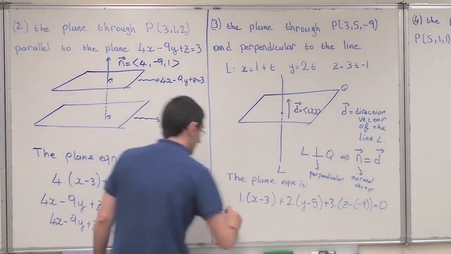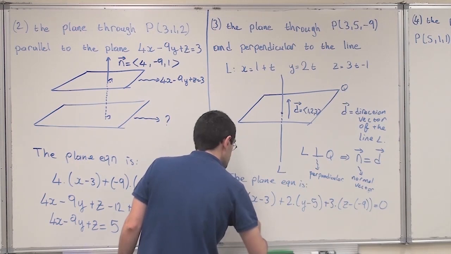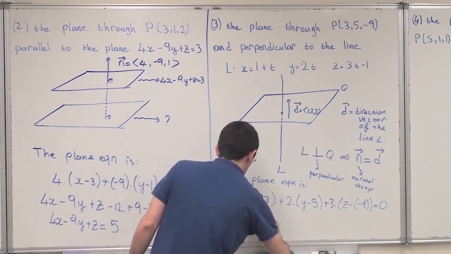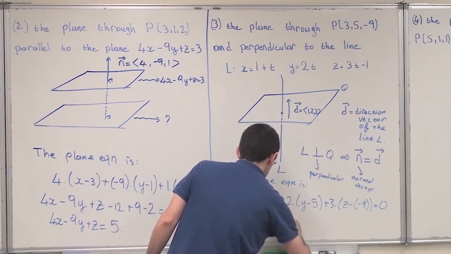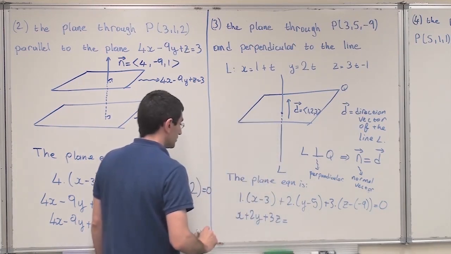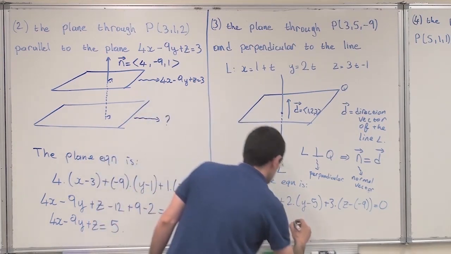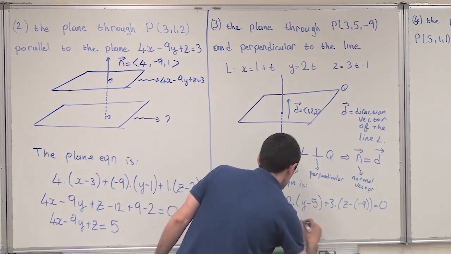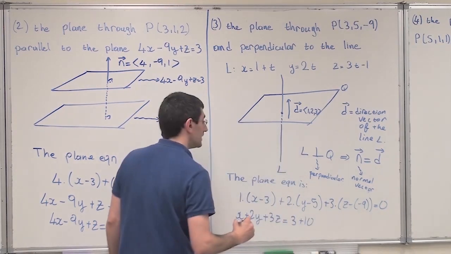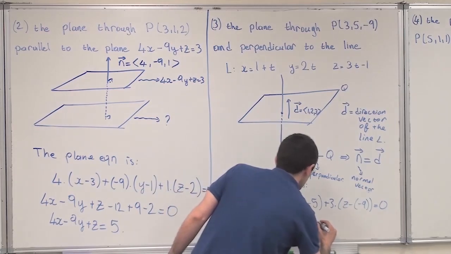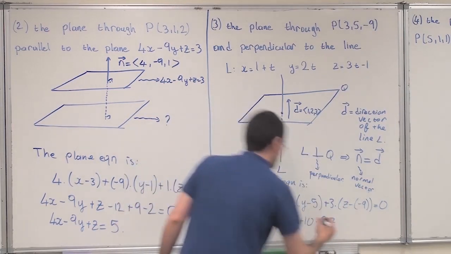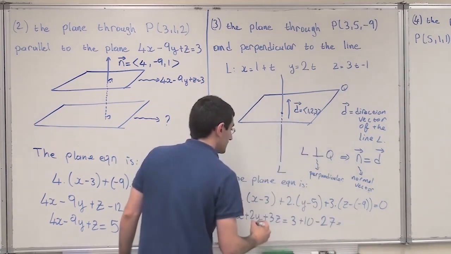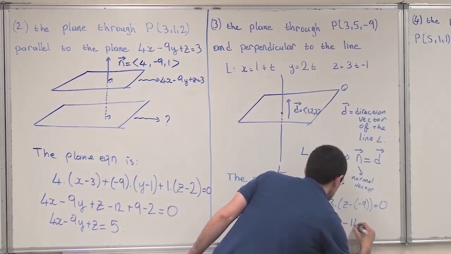And we can simplify this to x plus 2y plus 3z is equal to 3 plus 10 minus 27, which is minus 40.